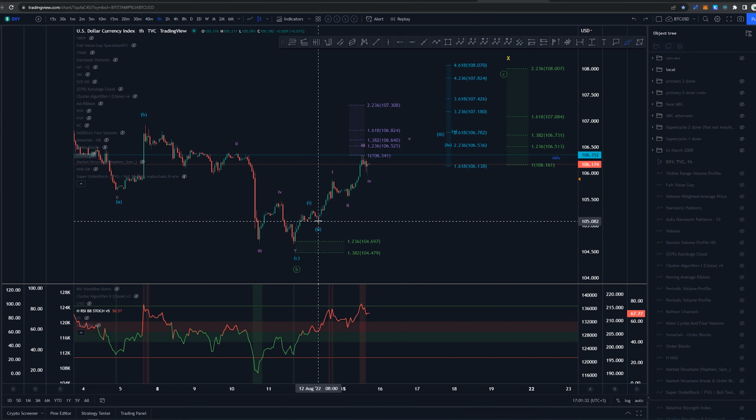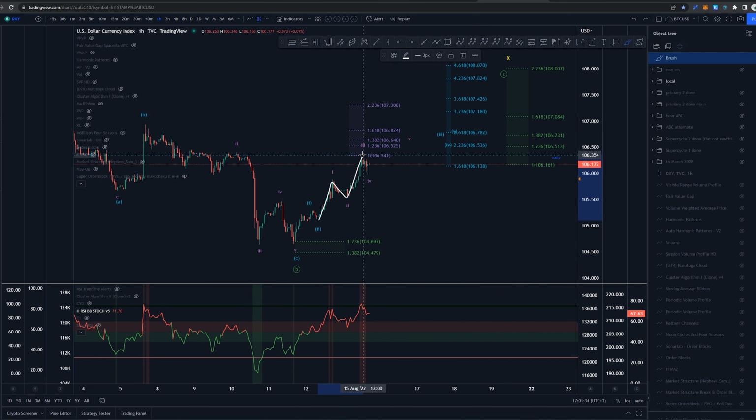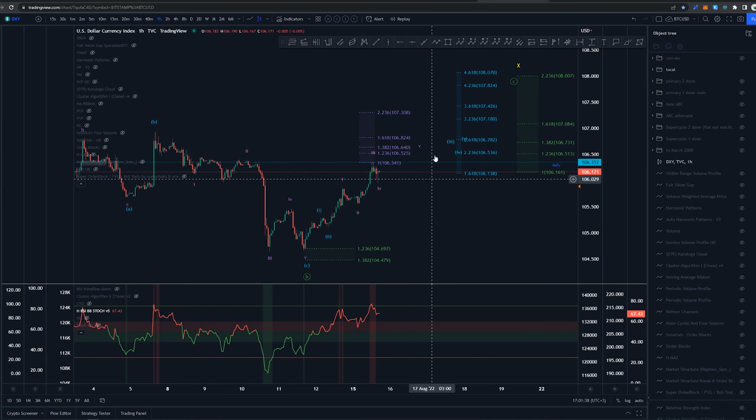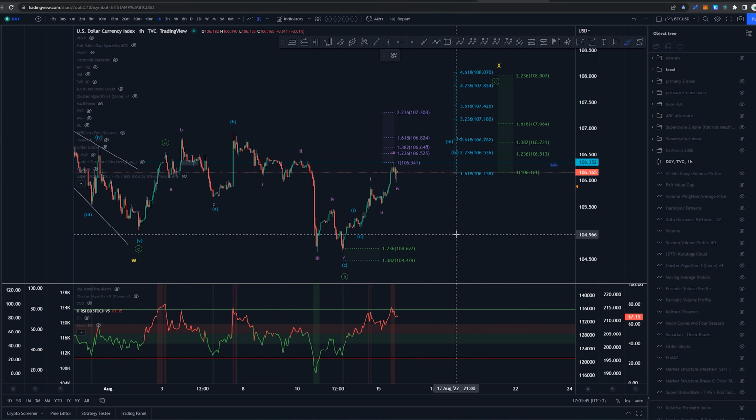However, this 1 compared to 3 is very similar in price, so they are pretty much 1-to-1. That's why I'm a bit questioning this count, because generally the third wave is significantly larger than the first one.